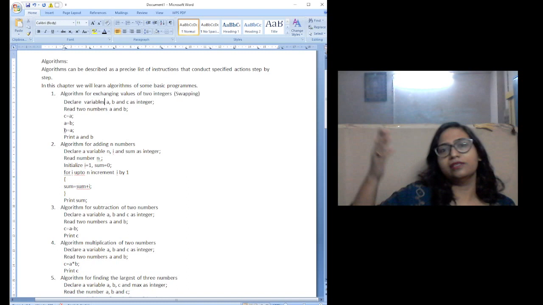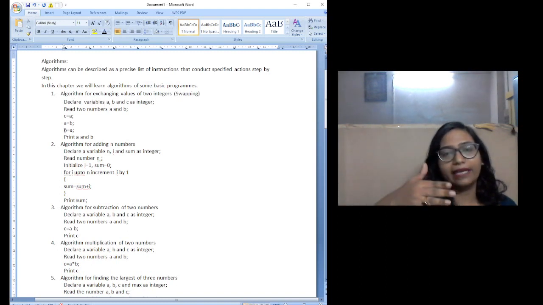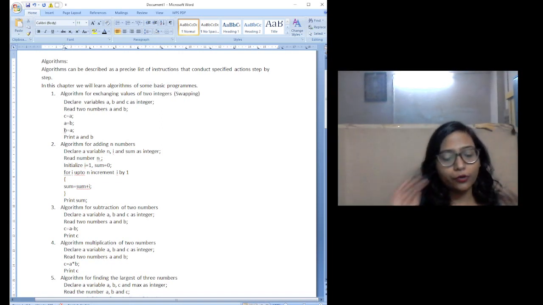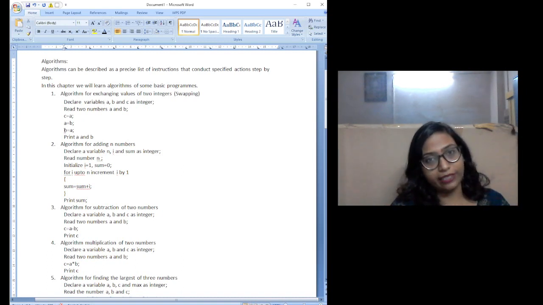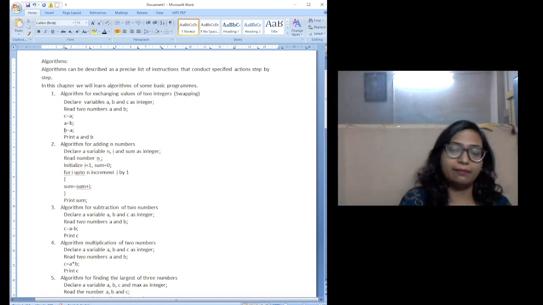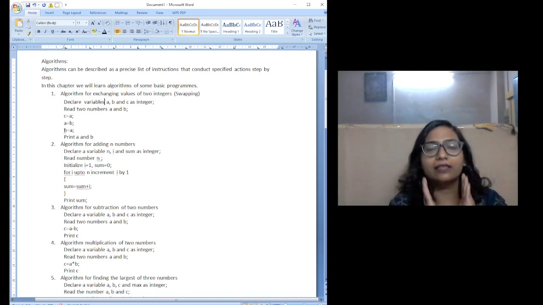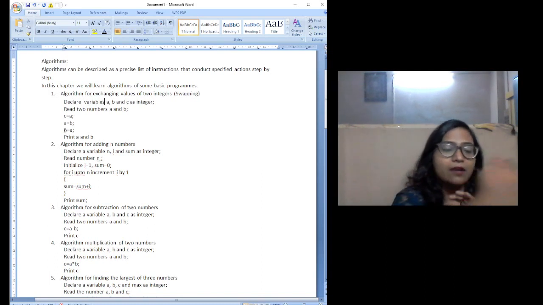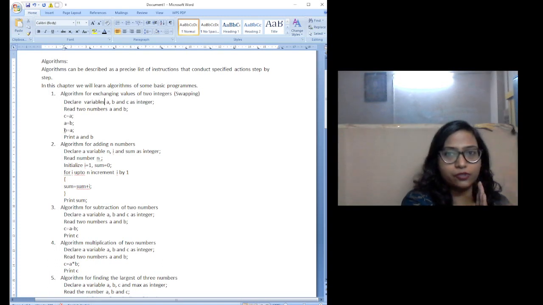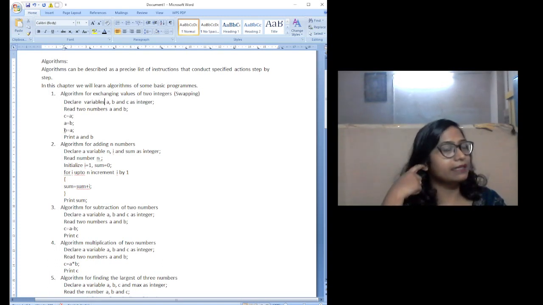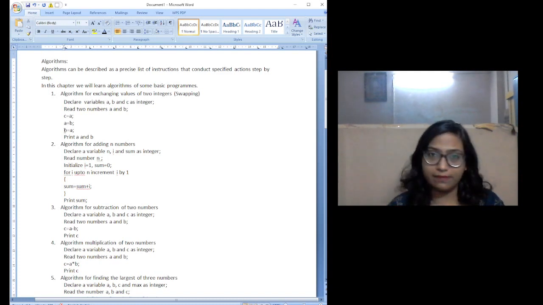Okay, suppose there are two buckets. One bucket contains orange juice, another bucket contains apple juice. Okay, now you take a third empty bucket. Your task is that in the bucket of orange juice, the apple juice will come, and in the bucket of apple juice, the orange juice will come. So when you take the third bucket, what will happen? First, you put the orange juice in the third bucket, then the bucket of orange juice becomes empty.